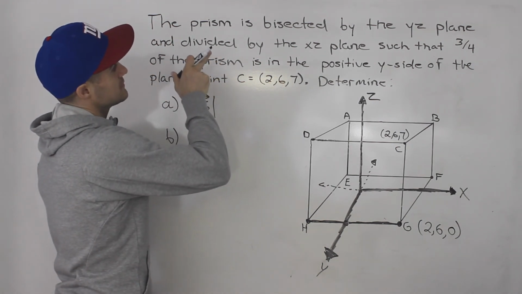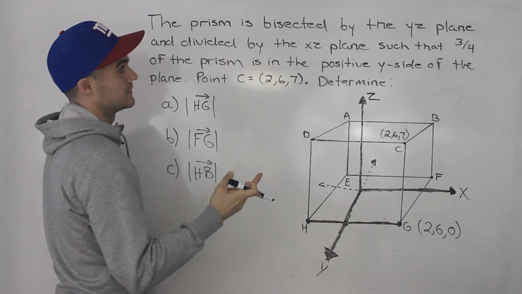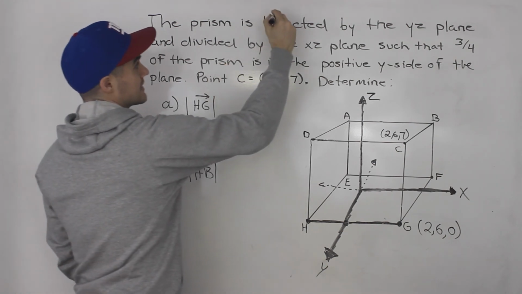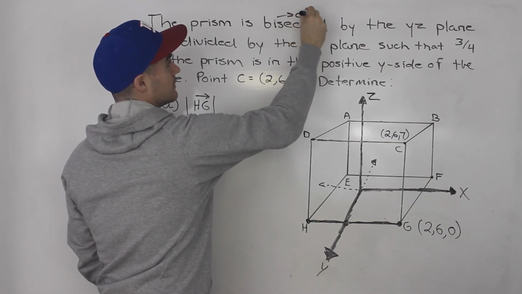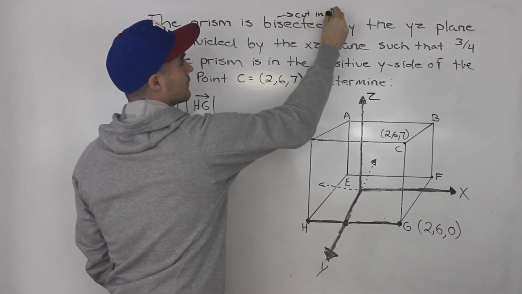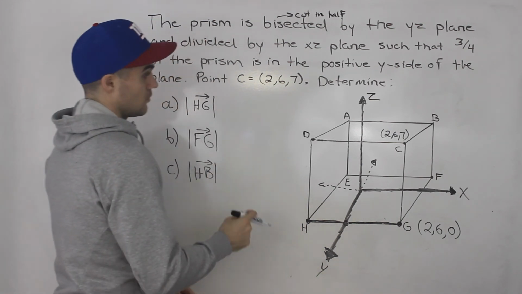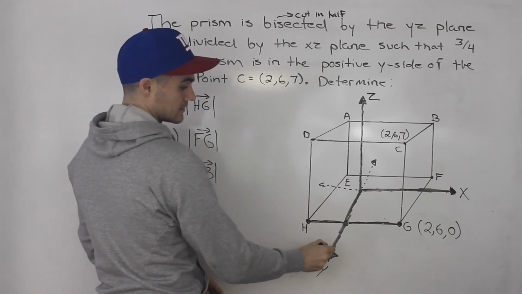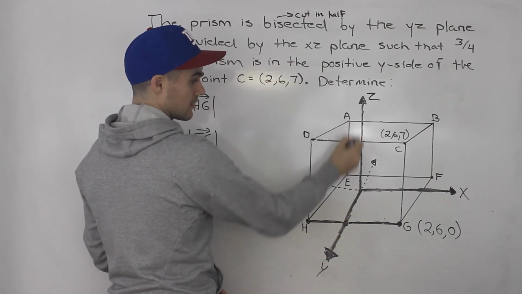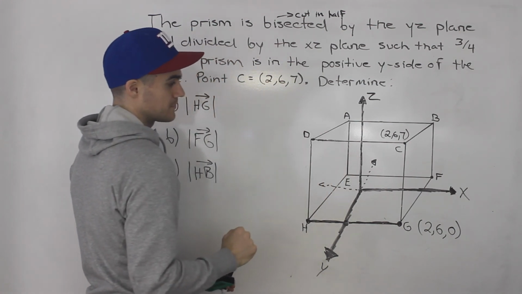The first piece of information we're told is that the prism is bisected by the YZ plane. Bisected, if you remember, basically means cut in half. When you bisect something, you're cutting it in half. So the YZ plane is over here, sticking out of this prism.